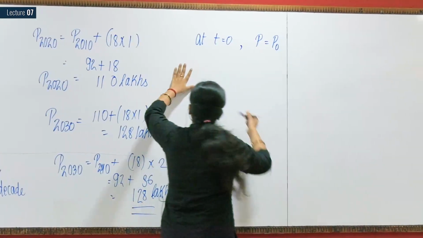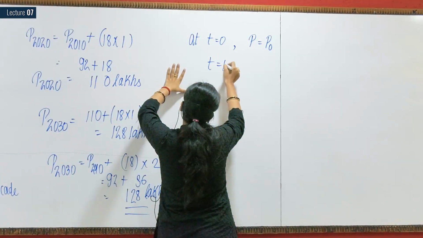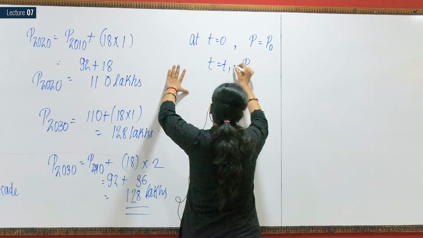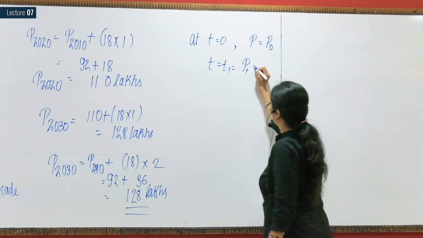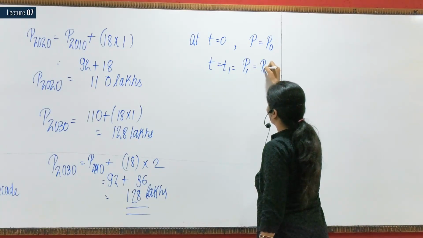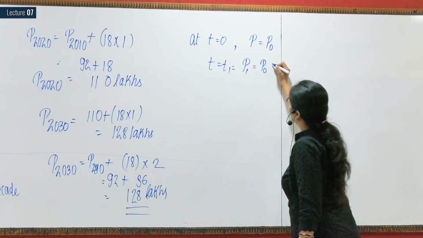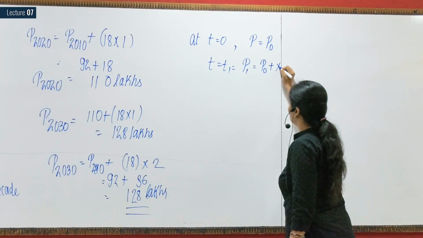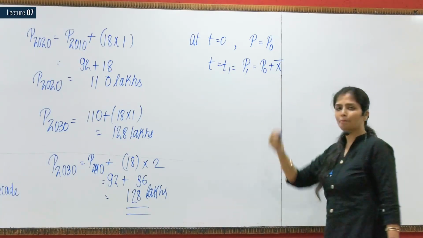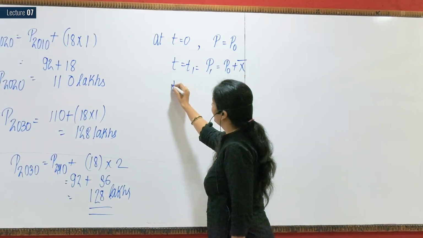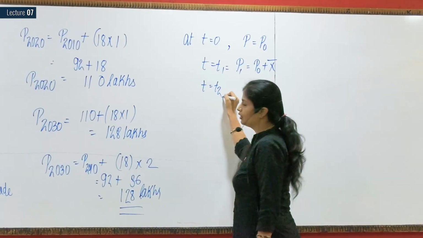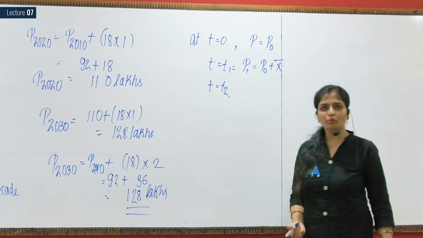Now suppose at any time t equal to t1, I want to know the population P1. What I did was, I was knowing the initial population. Fine. I added the average increase in population to get P1. Similarly, at time t equal to t2, I want to calculate the population.